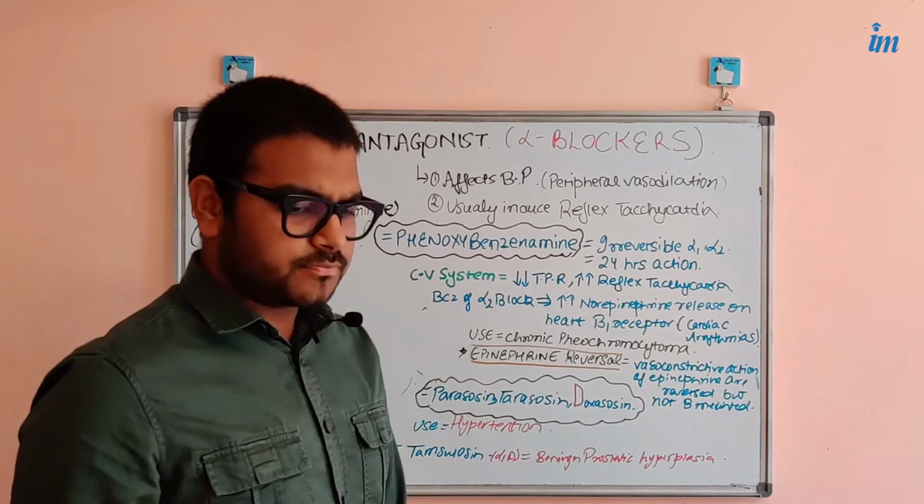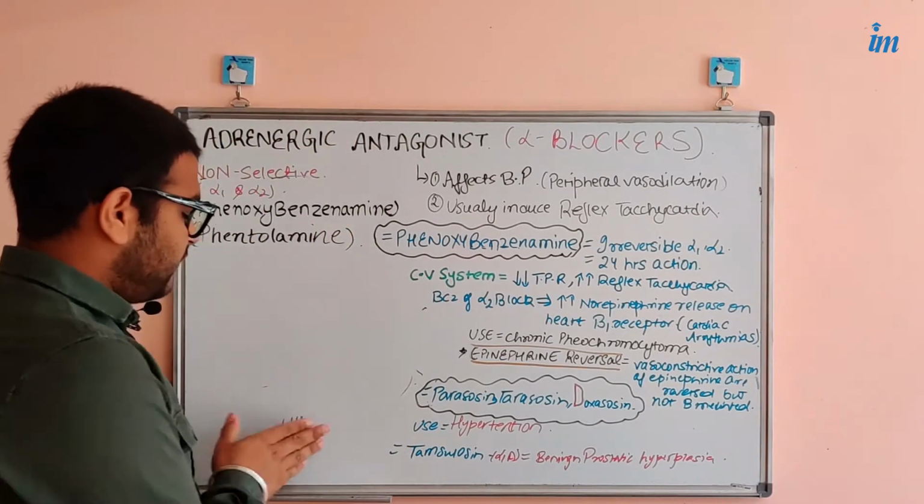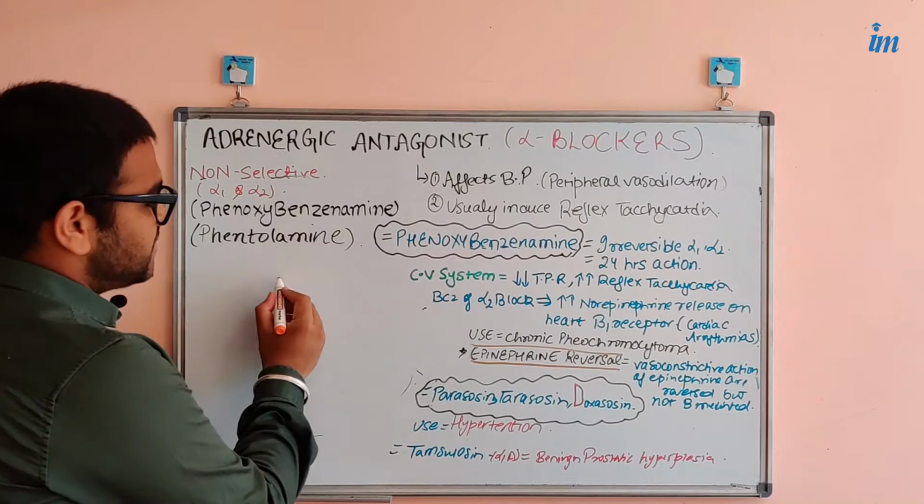Phenoxybenzamine. Remember that alpha 1 receptors are mainly present in the blood vessels.